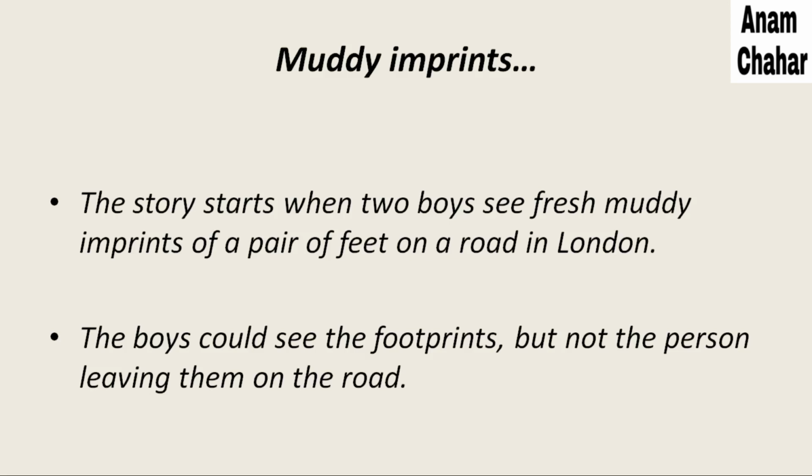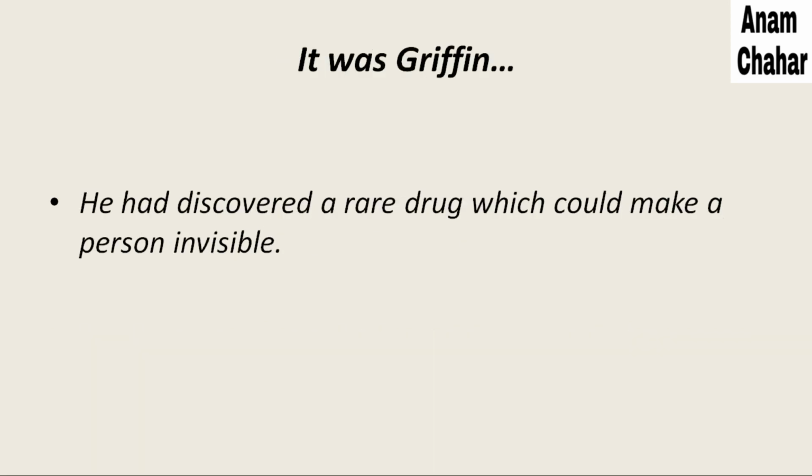The boys were astonished to see this. Now you must have understood that Griffin, the scientist who had discovered the rare drug which could make a person invisible, was leaving those footprints. And it is to be noted that he could only go invisible when he took off all his clothes.